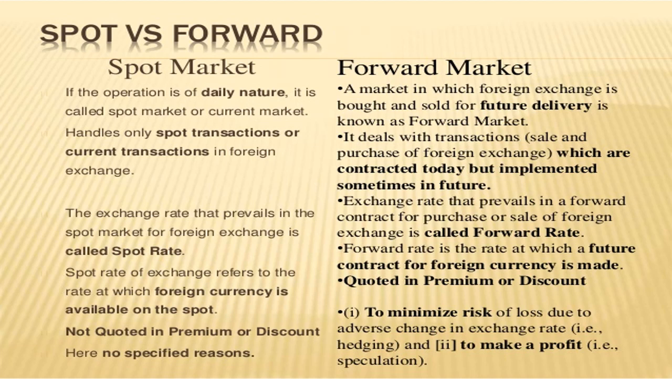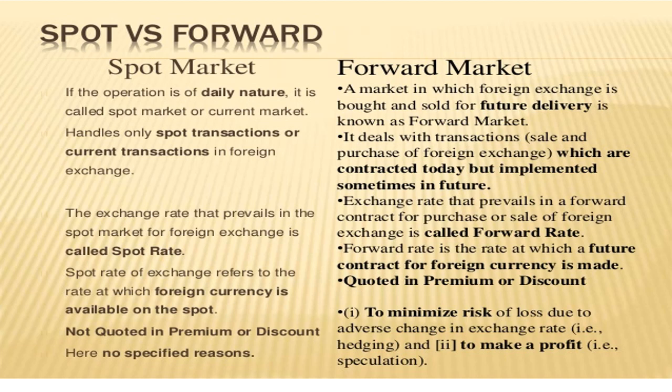It is used to minimize the risk of loss due to an adverse change in the exchange rate. For example, today the exchange rate is 45 rupees. I will get that 45 rupees today, but after 1 month it can be 55 rupees or it can be 40 rupees. If it goes below the 45 rupees of today, it will be a loss for me.